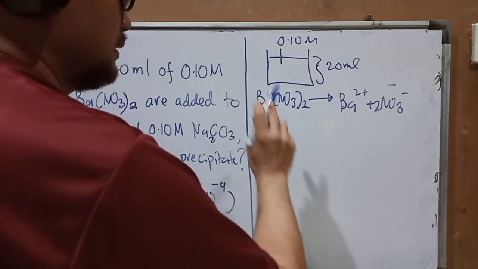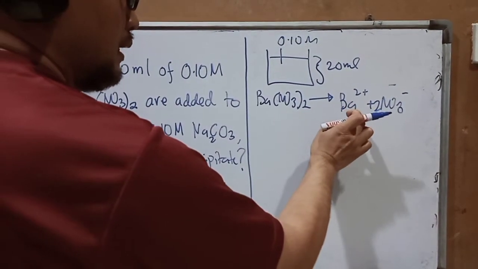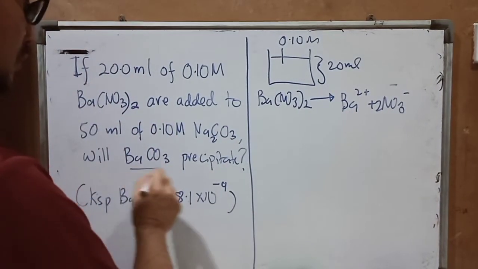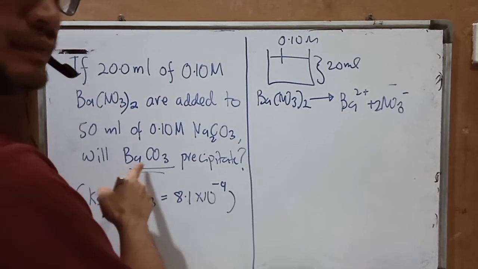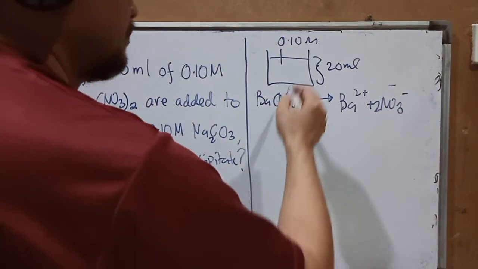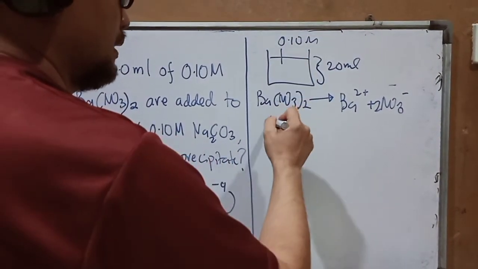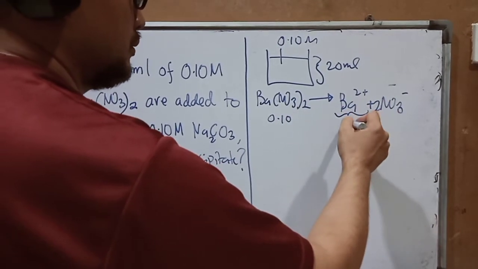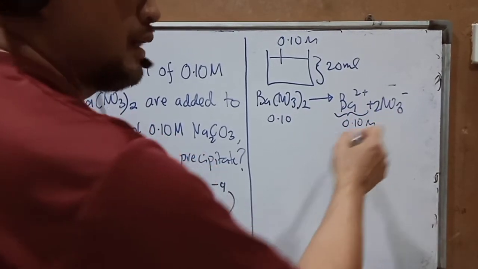The most important thing is we want to know the concentration of Ba2+, because we want to know about the barium carbonate. Okay, so the concentration is 0.1, that means the concentration of Ba2+ is also 0.1 molar.